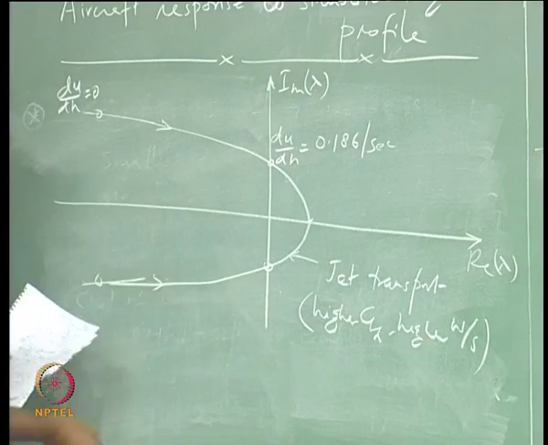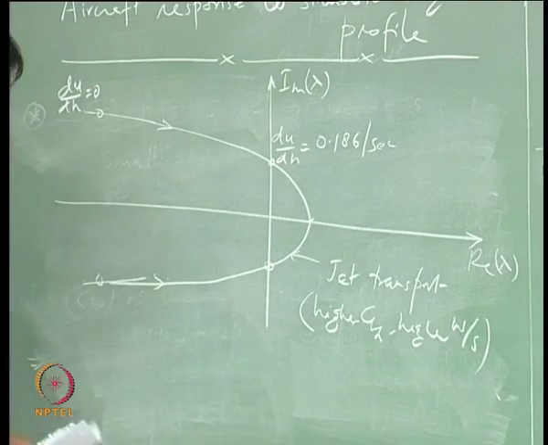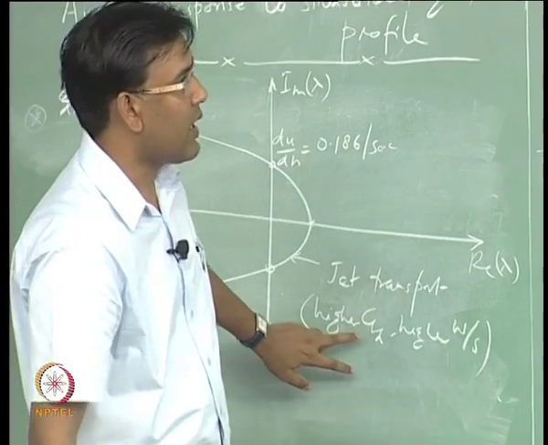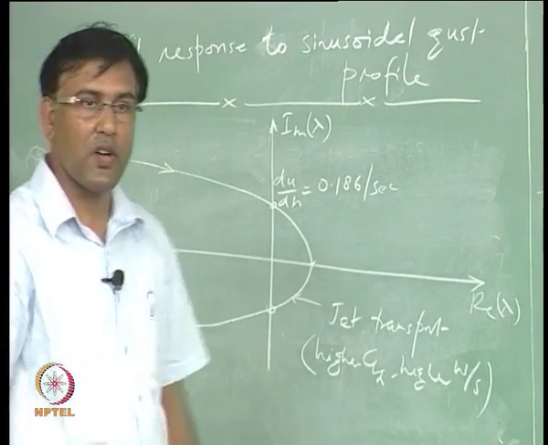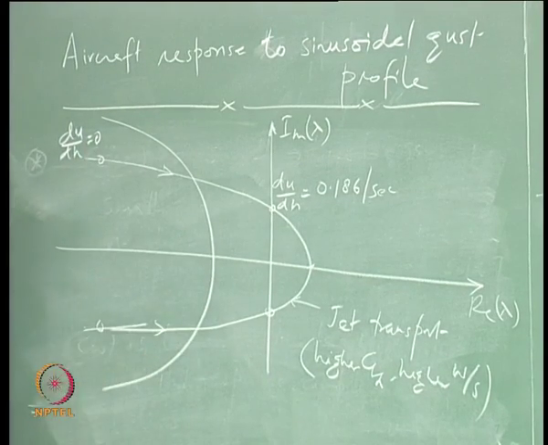For aircraft A, which has lower CL alpha and also lower wing loading, the profile looks something like this.